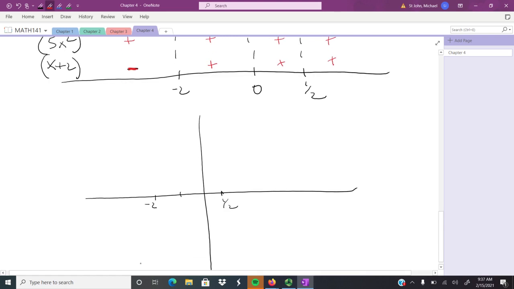So it's coming in from here, goes through -2, and increases. And then it comes down from some point, and it's going to hit the 0. And what happens, because the multiplicity is 2, is it'll only touch the 0, goes up, comes back down, hits the 1/2, and then goes back up. Right? So if it's an even multiplicity, it hits the x-axis, but then bounces back. Right? So we get a graph that looks something like that in terms of a quick graph as to what we would get.